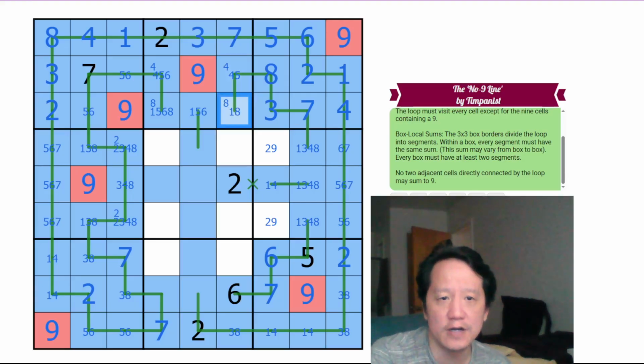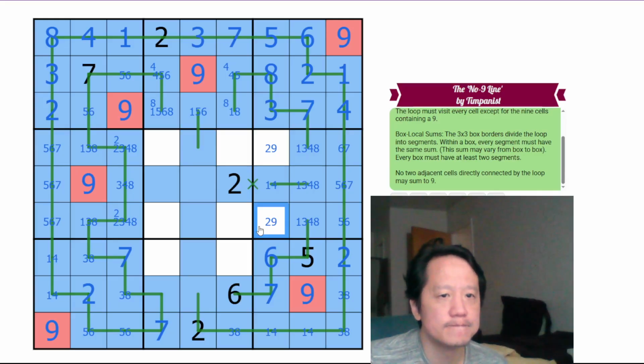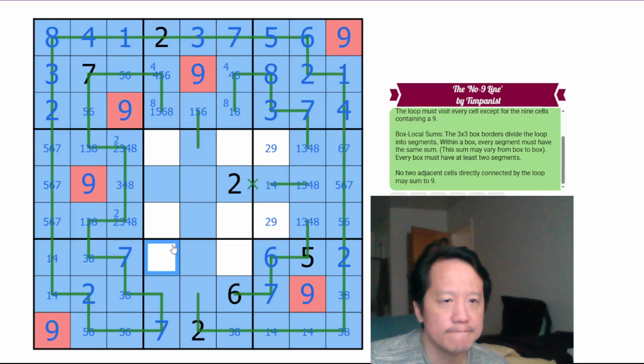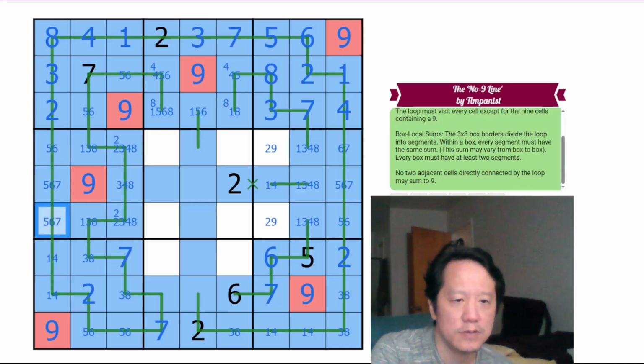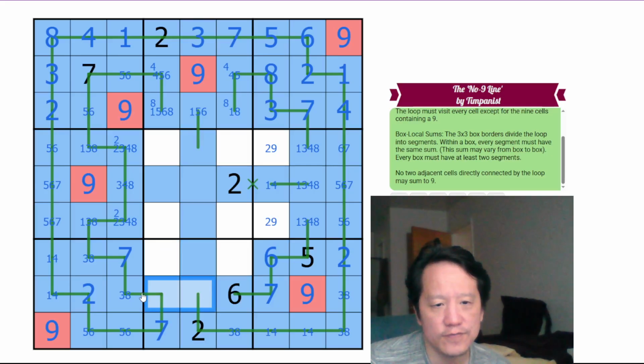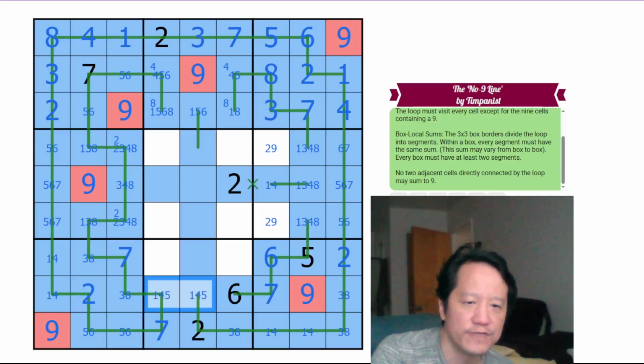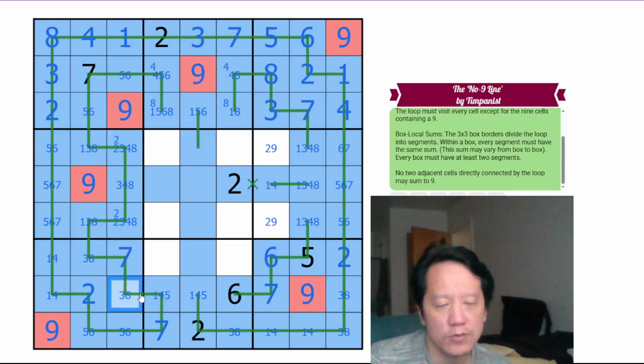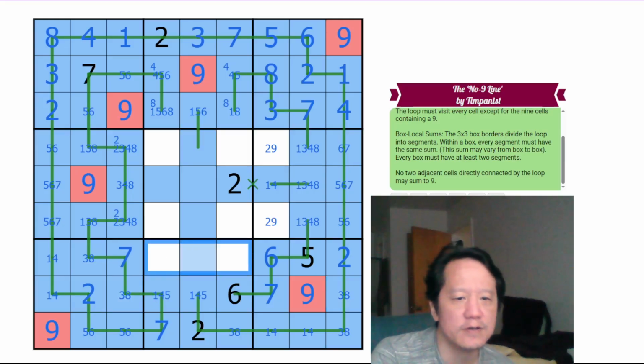So this cannot be 5. Okay. 7 can't be here, because 2 and 7 add up to 9. Remaining digits of row 8 are 1, 4, and 5 because of the 3, 8 pair in the row. Remaining digits of row 7 are 1, 3, 4, 8, and 9.